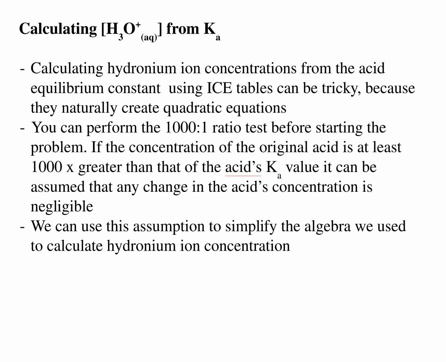The denominator of the equilibrium constant will also be a number without a variable, and then you'll probably have x squared on top. So all you have to do is solve for x. So this greatly simplifies the algebra that we need to worry about. Makes our lives much, much easier.